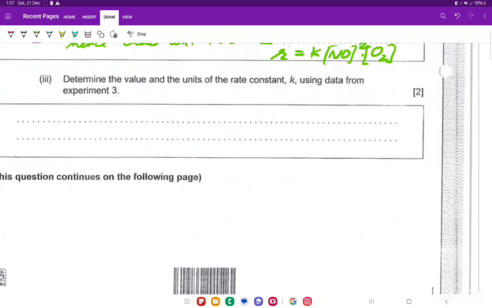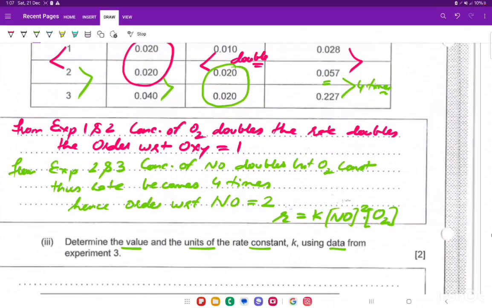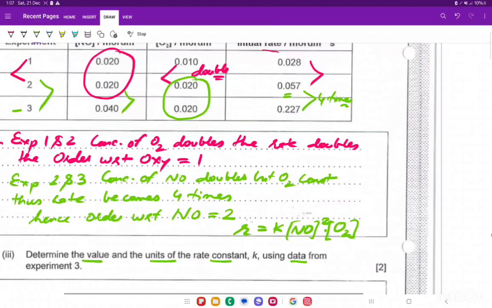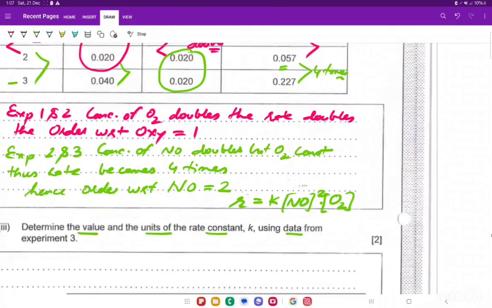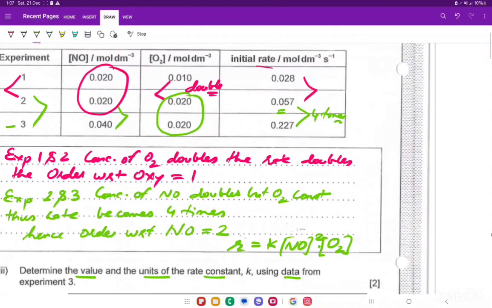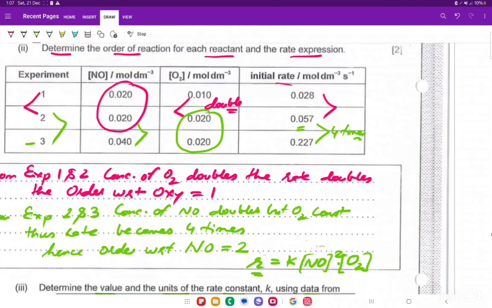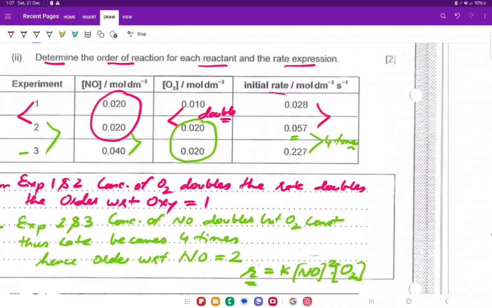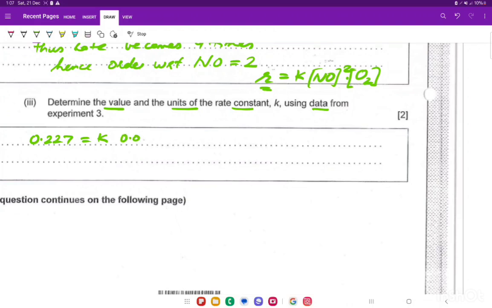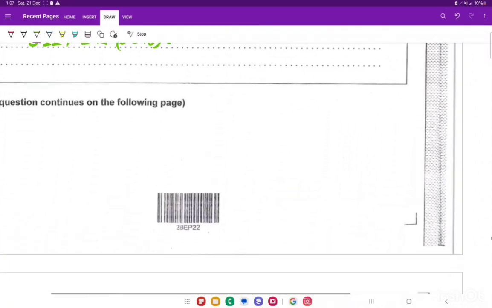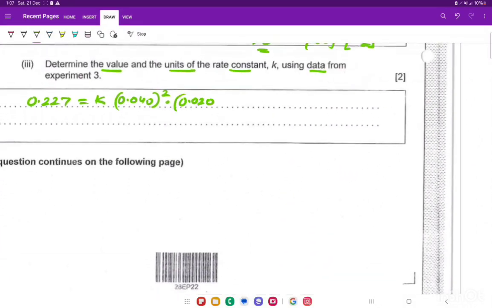Next part is determine the value and the units of the rate constant from experiment 3. Here I will take the data of experiment 3. The value of rate is 0.227. Using this rate expression, R is 0.227 equals k into NO concentration, which is 0.040, squared, into O2 concentration, which is 0.020 to the power 1.